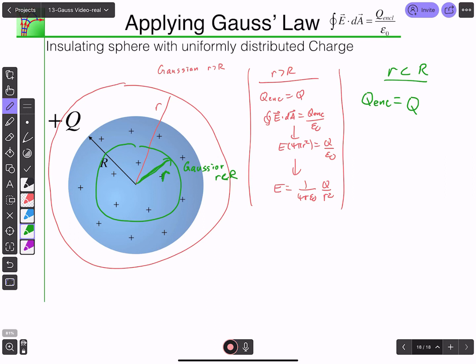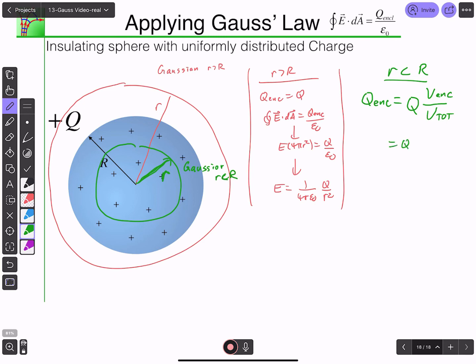It's a fraction of the total charge, and the way you can do it is you take the enclosed volume by the sphere, not area, divided by the total volume. That fraction will give you how much of the charge is enclosed.